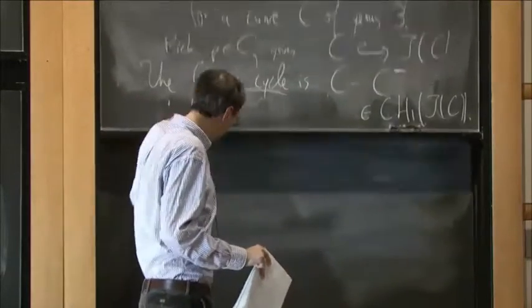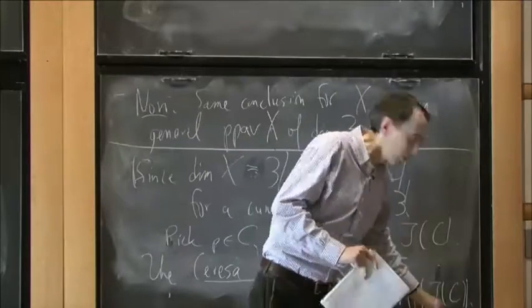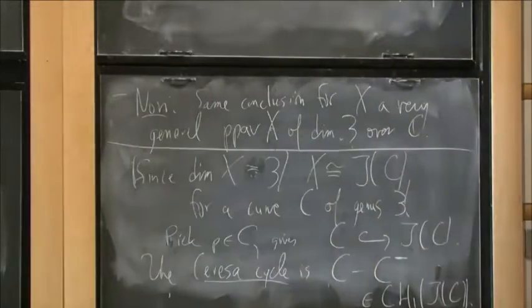Okay, how do you get a lot of elements? You just move that around by using isogenies. So I'll explain.